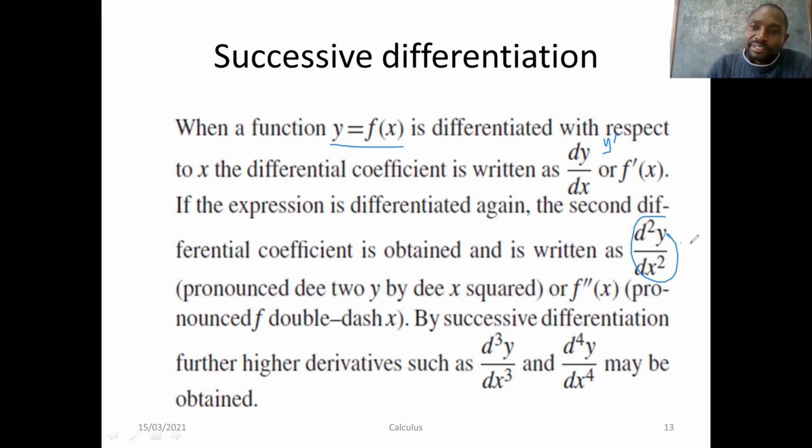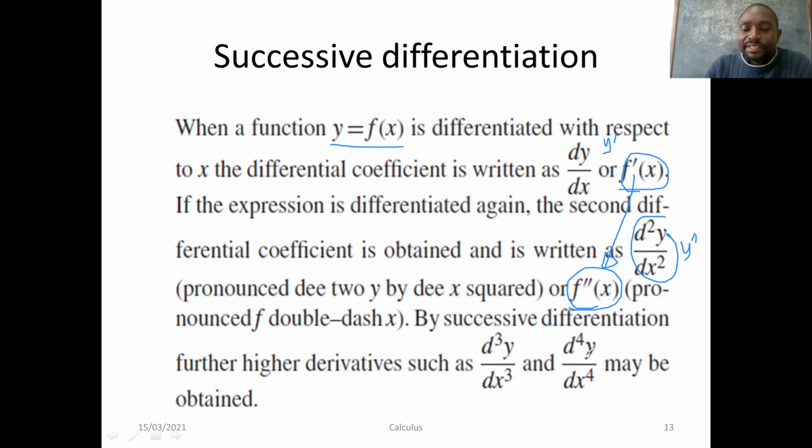This can also be written as simply y with 2 dashes, or you can write it as a function in form of f with 2 dashes with x here. And take note, if it is the first derivative, it is f with 1 dash, whereas if it is the second derivative, we're differentiating the same function the second time, it is with 2 dashes here, which can also be written as y with a double dash.